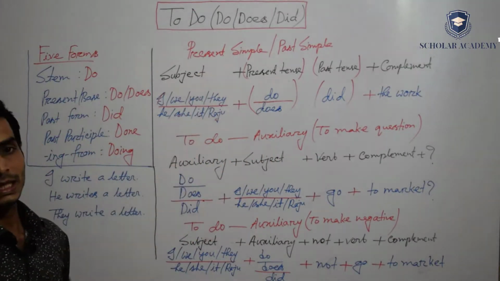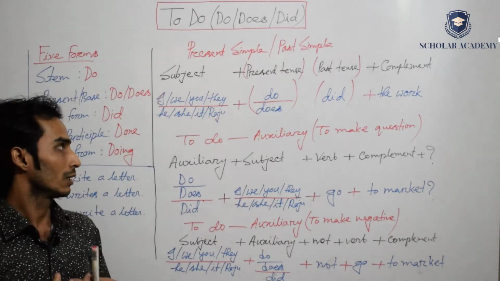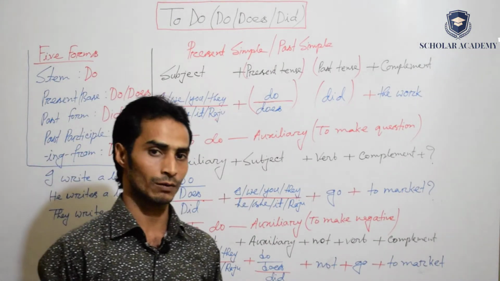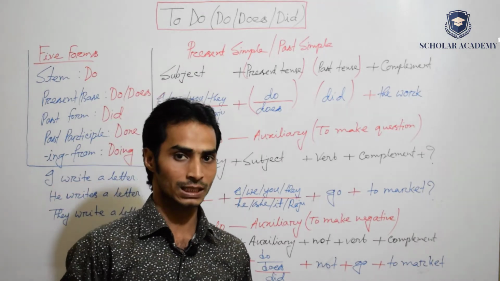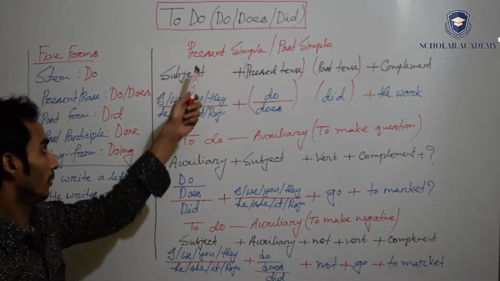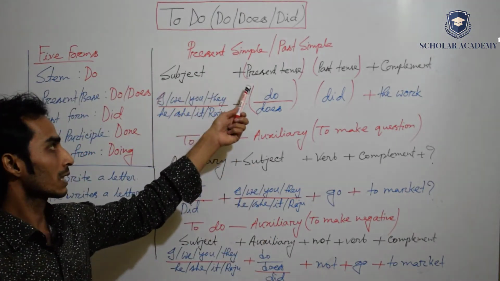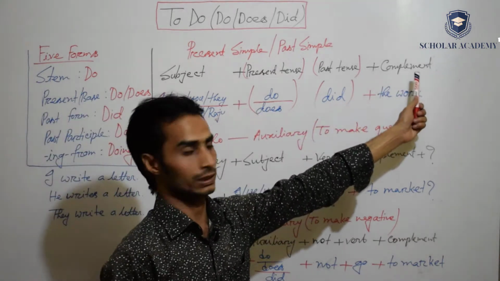Now we will discuss simple present tense and simple past tense, that is, how can we use do in simple present tense and simple past tense. First of all, we will discuss simple present tense. Remember it. The structure of simple present tense is subject plus present tense plus complement, not past tense.